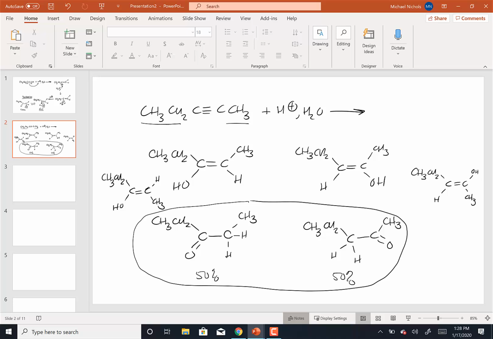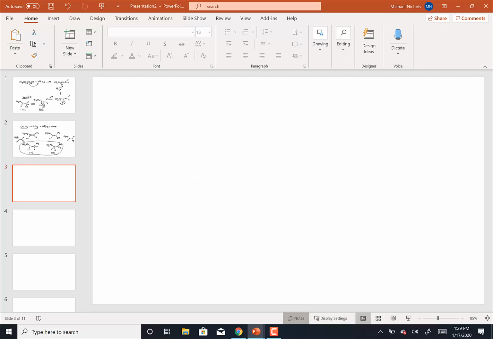Now, if we go back to the final hydration, let's go back to the terminal alkyne. We know how to do this reaction, Markovnikov addition.